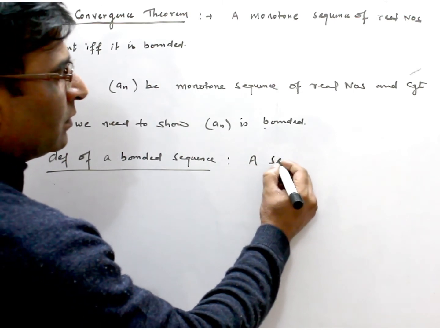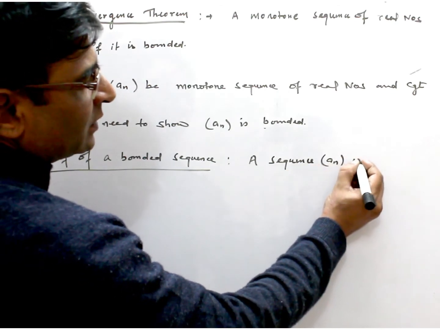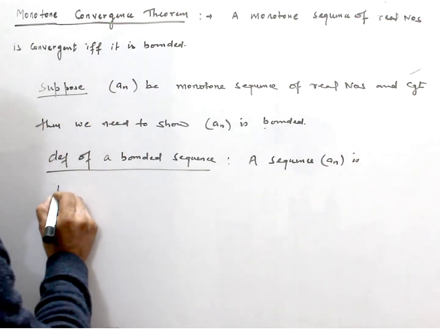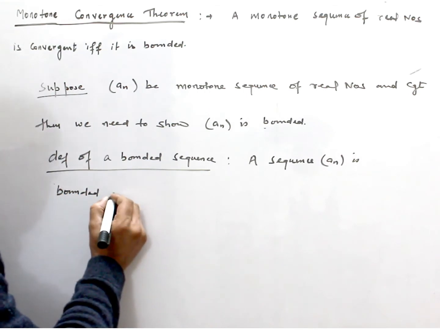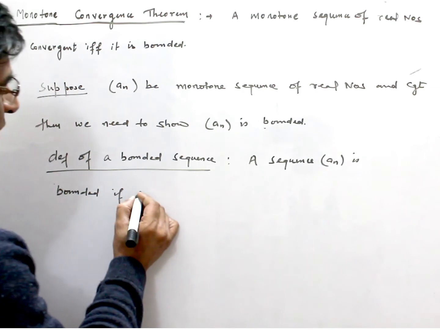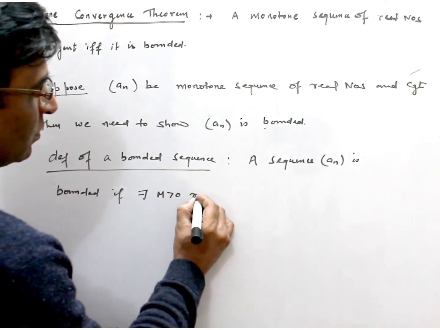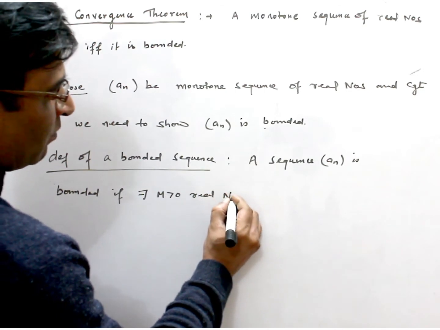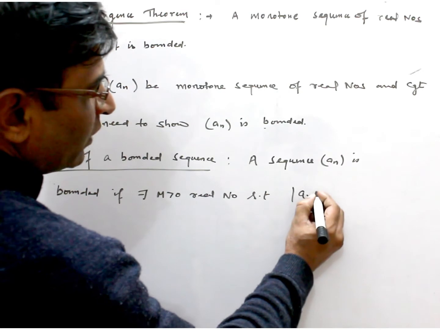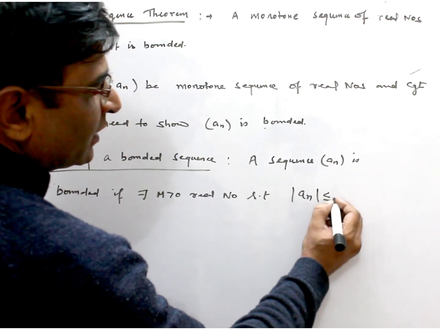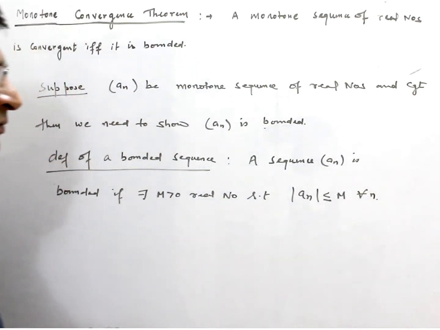A sequence An is bounded if there exists a positive real number m such that the absolute value of An is less than or equal to m for all n.